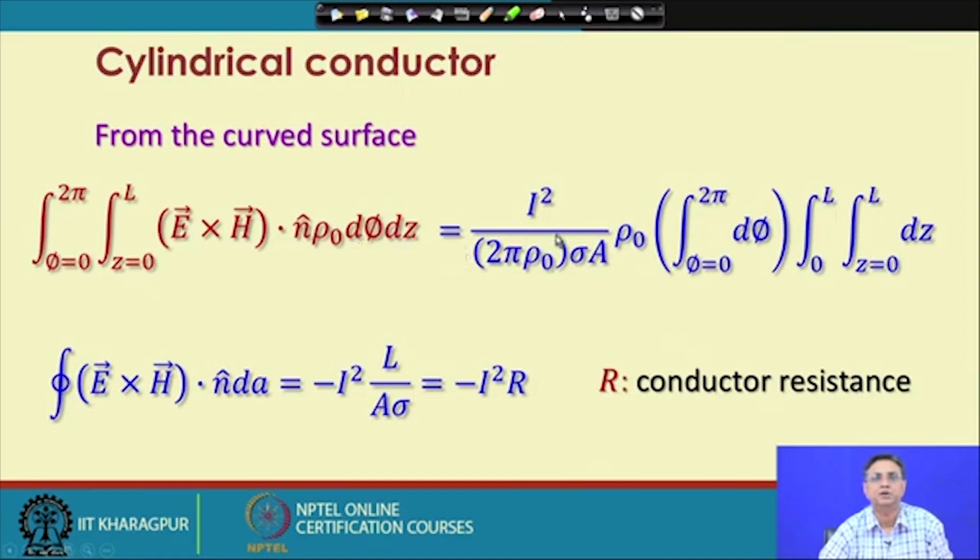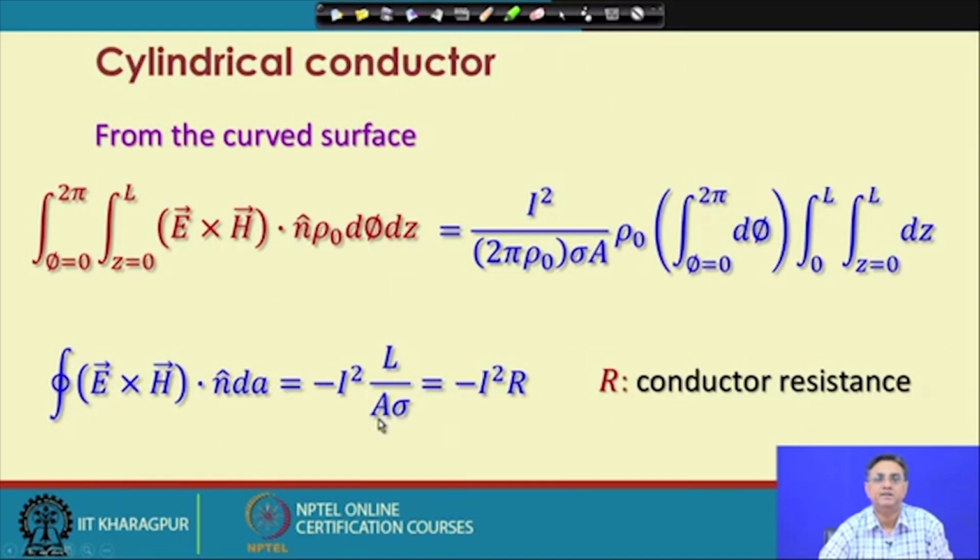This quantity is a constant. So, you have to take the integration for phi from 0 to 2 pi and for z from 0 to L. So, by doing that, E cross H dot n dA is equal to minus I square L by A sigma.